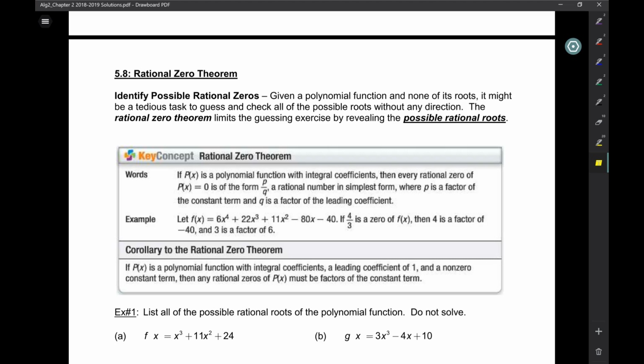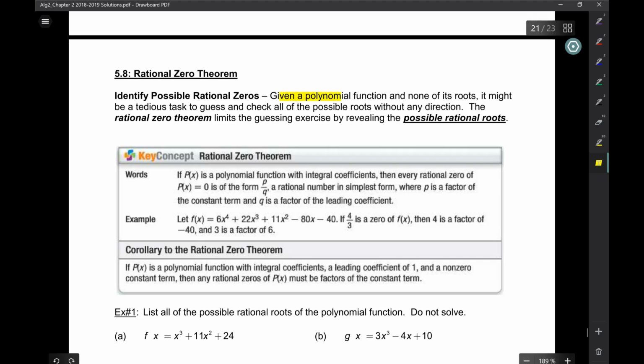We have a way to narrow an infinite number of numbers down to a short list and say, if this has any real zeros, it's got to be one of these 8 or 10. 8 or 10 possibilities is still better than an infinite number of possibilities. So that's what we're going to do.